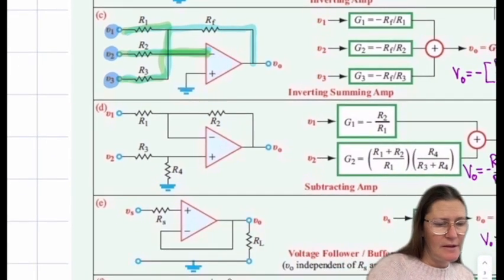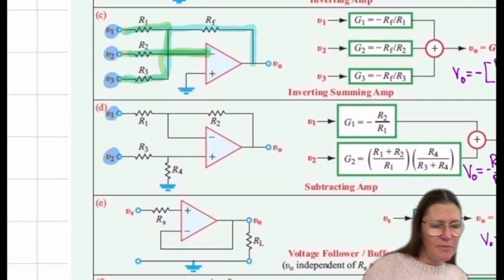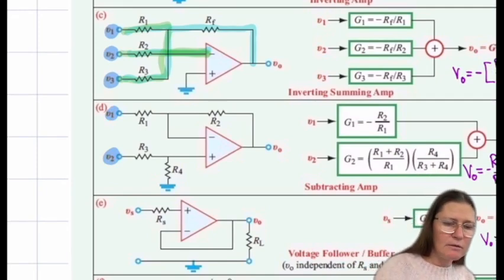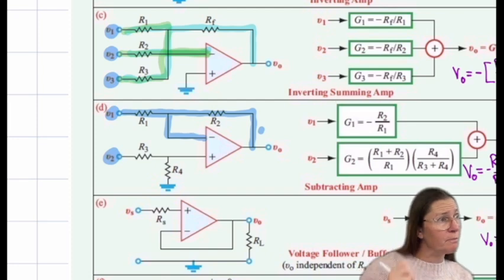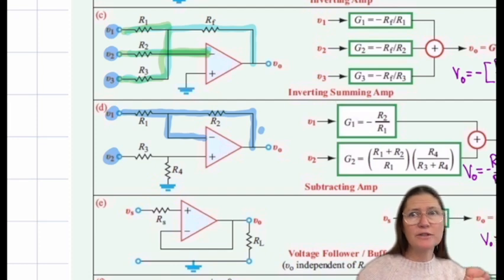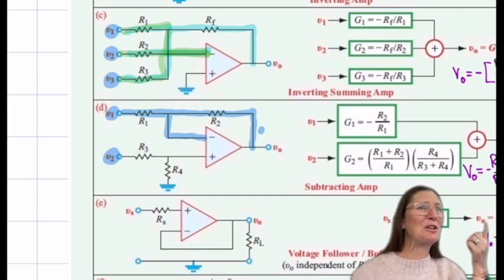Okay. All right, this one, I have 1, 2 inputs. And on this side, I see a pathway, highlighter, that goes into the negative terminal. So feedback is there. I have 2 inputs, so what are my options? 3 options. Say them to yourself for a second.